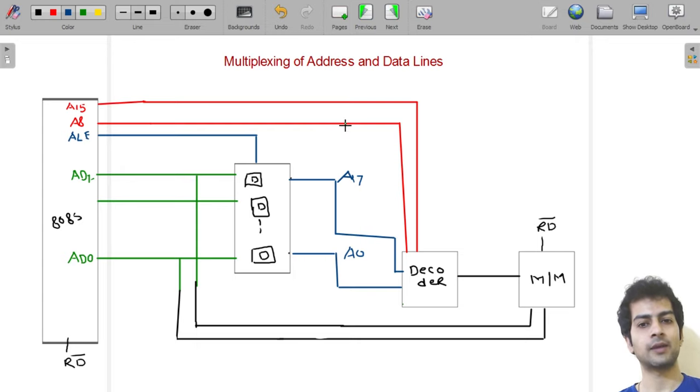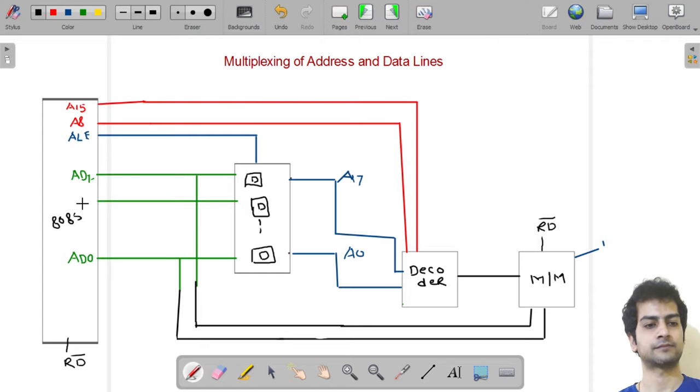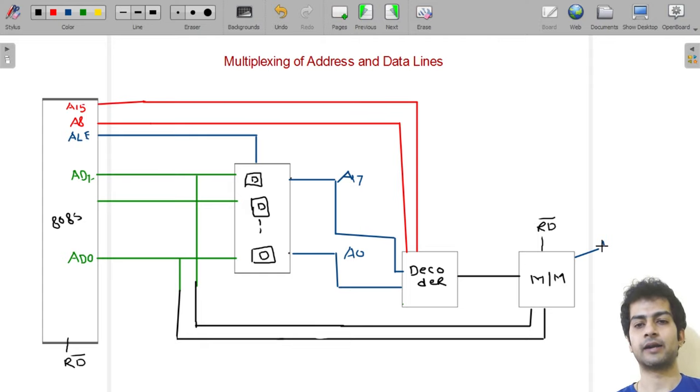Our overall aim is that suppose we have a memory, and the address of this memory location is 2060H.